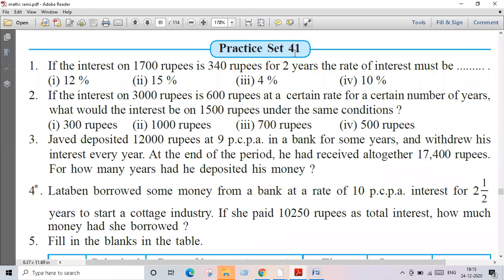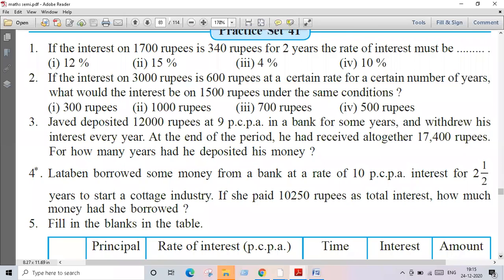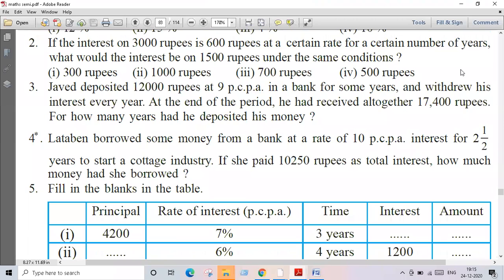So question number 2 here. If the interest on 3000 rupees is 600 rupees at a certain rate for a certain number of years, what would be the interest on 1500 rupees under the same condition? Getting, guys?